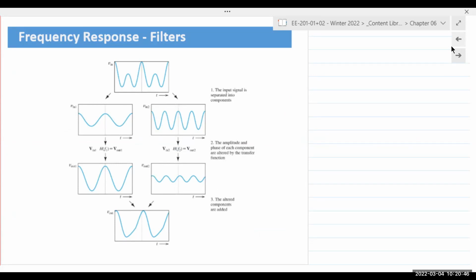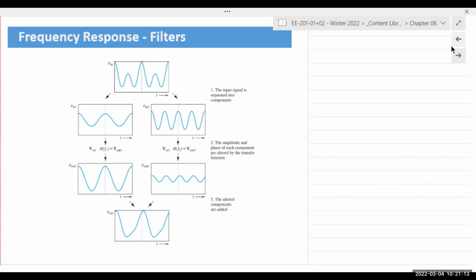So in this particular example, there's only two. We have V in, and that V in signal has only two components. Again, it's a very simplistic representation. This is not actually what a filter does. A filter does not actually split it up. This is just for explanation purposes. Okay, I want to be clear about that.